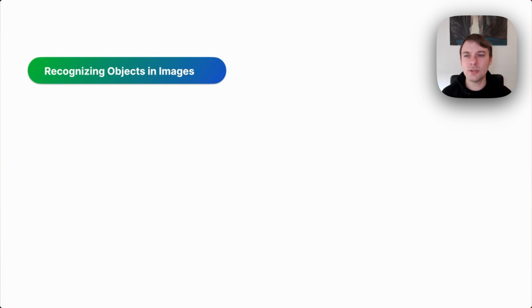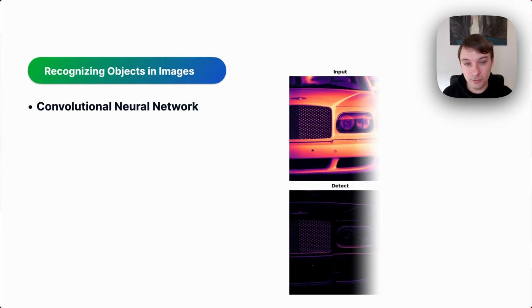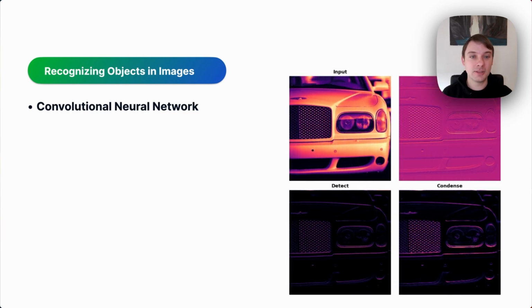Now, how does recognizing objects in images actually work? As said, this is done through a convolutional neural network. And here is an example of an image of a car. What we do here is we trigger a process. First, we filter out the features of a car. You can see here on the right that we do some sort of edge detection.